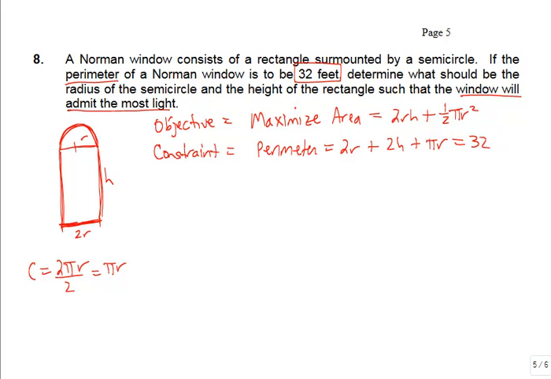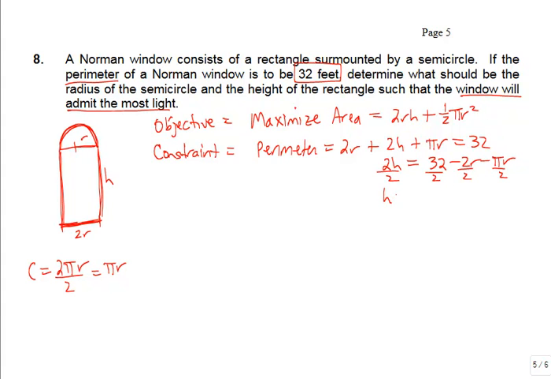So there's our constraint. Since I have just a single h in my area formula, and I only have the one h term in my perimeter, I think it would be easier to solve for h here. So I am going to leave 2h where it is, and I'm going to subtract the 2r and the pi r over to the other side, and then I'm going to divide everything by 2.